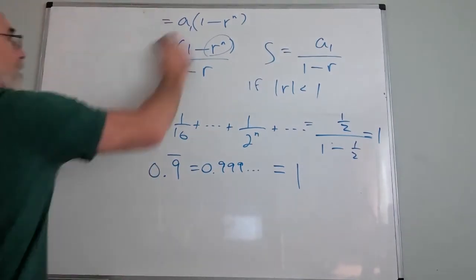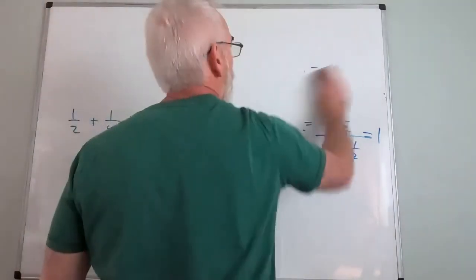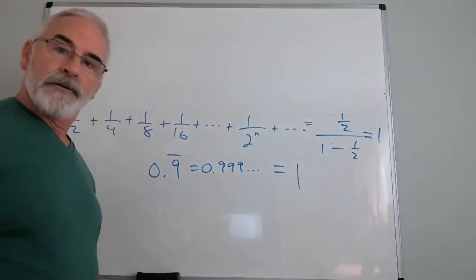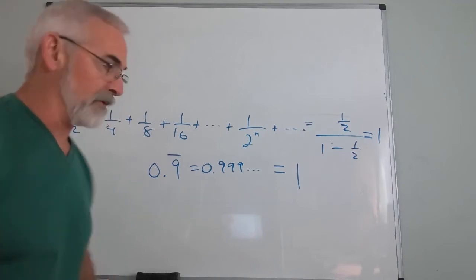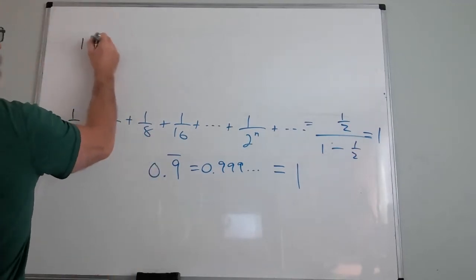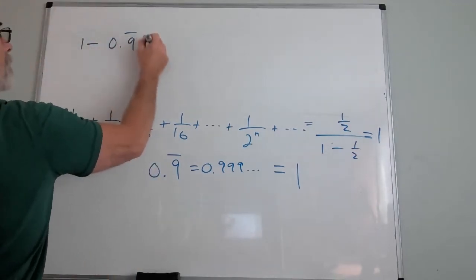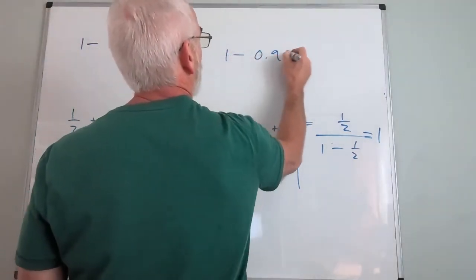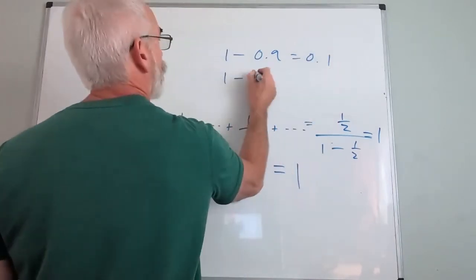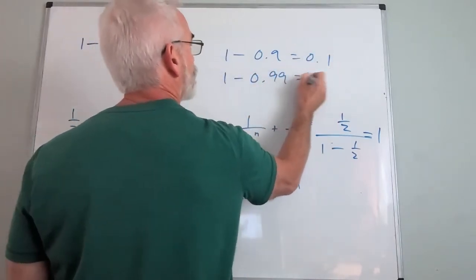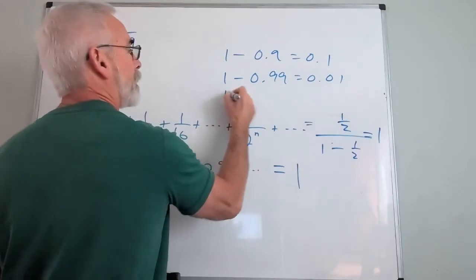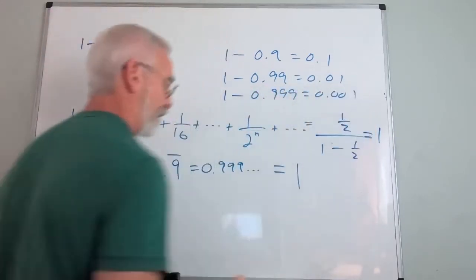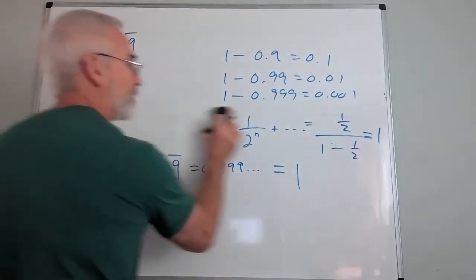0.99999 equals 1? No. You can't do that. It rounds off to 1. No, I'm saying the infinite decimal. Now, there's 3 ways. The most complicated way would be this. What's 1 minus this? Well, in general, if I said 1 minus 0.9, you'd say that's 0.1. If I said 1 minus 0.99, you'd say that's 0.01. If I continue this pattern, I think we all agree that that's a true statement, what I have right there.